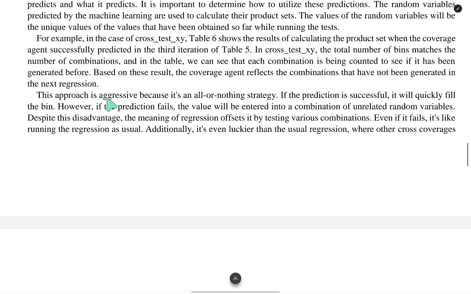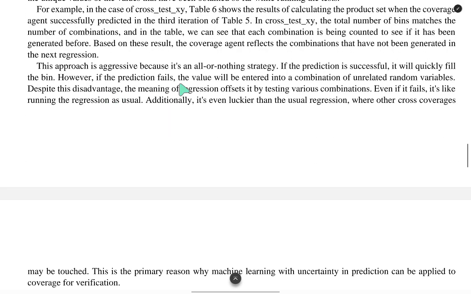This approach is aggressive because it is an all-or-nothing strategy. If the prediction is successful, it will quickly fill the coverage. However, if the prediction fails, the values will be entered into combinations of unrelated random variables. Despite this disadvantage, the regression is still meaningful, as the tests are valid combinations.